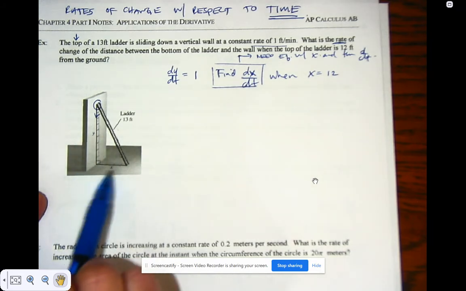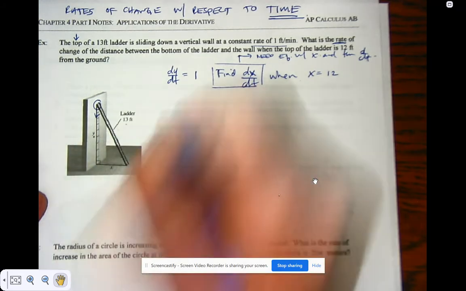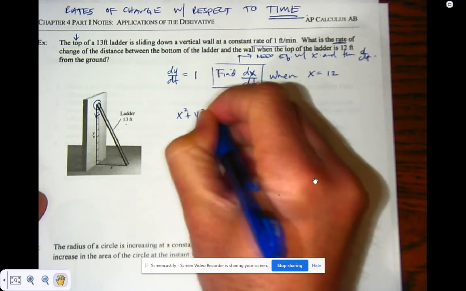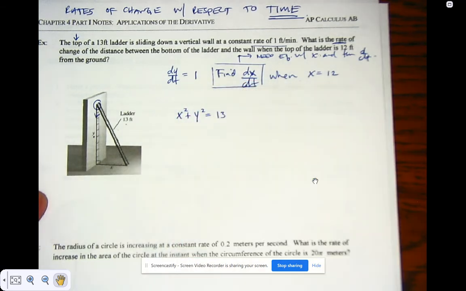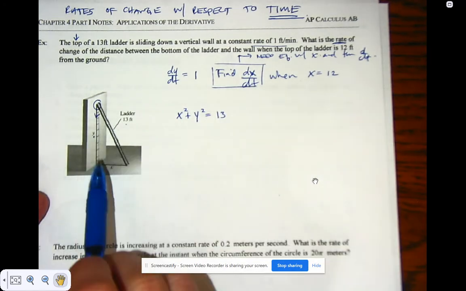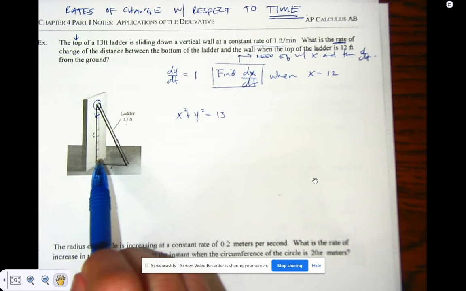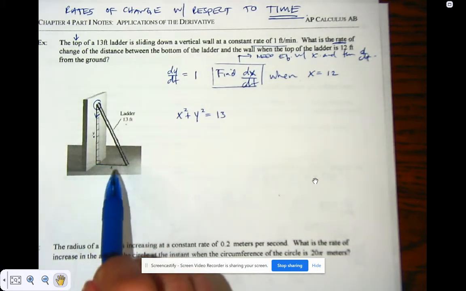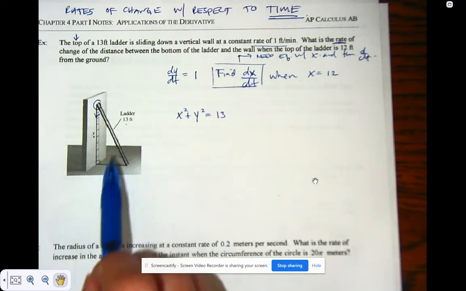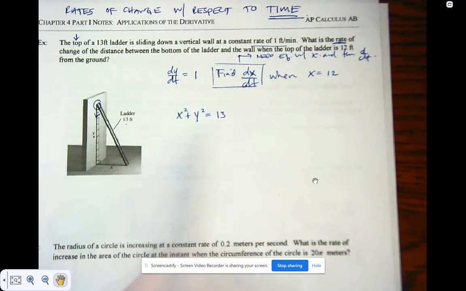How can we relate x, y, and 13? You would simply say, well, x squared plus y squared must be equal to 13 squared. So if you're looking for dx/dt, look back at your picture, right? And think about geometry, things that you know with triangles. You know sine, cosine, tangent, but we weren't given any angles here, so that didn't make sense. But you've got the Pythagorean theorem, which is pretty straightforward.